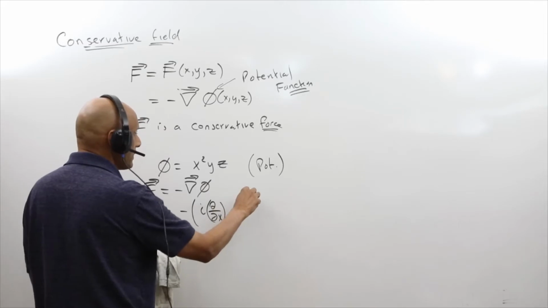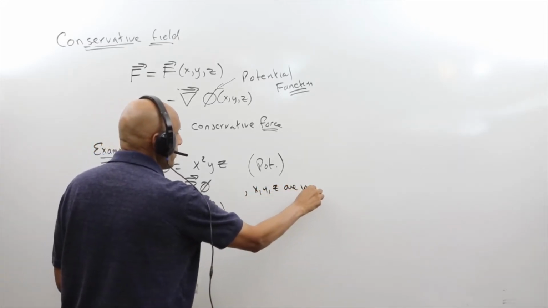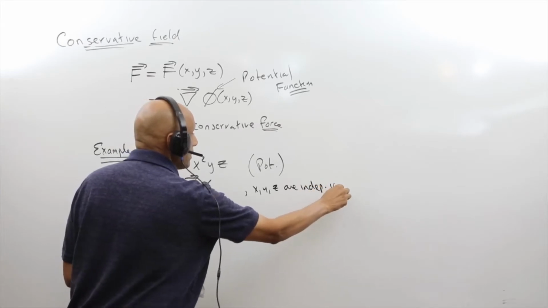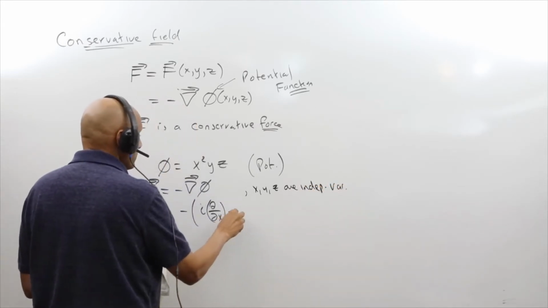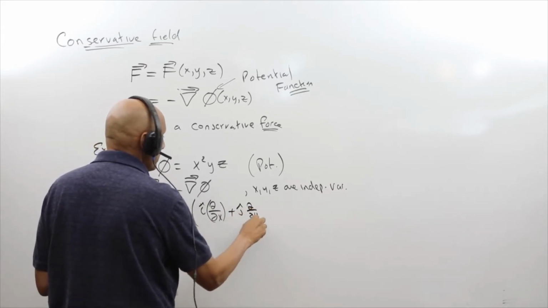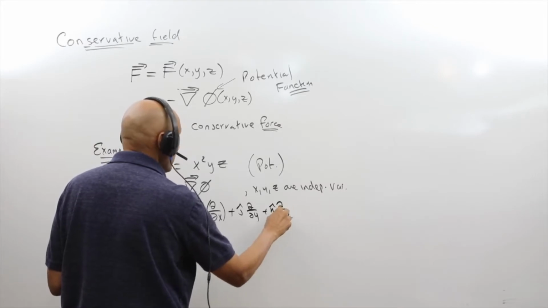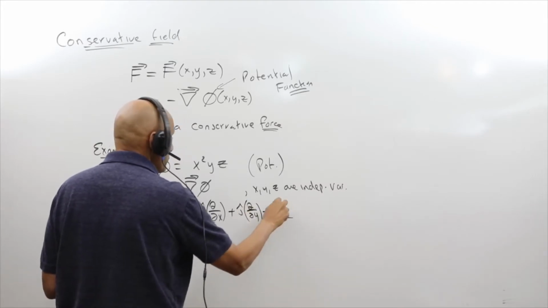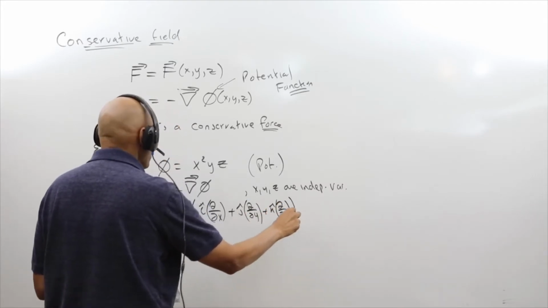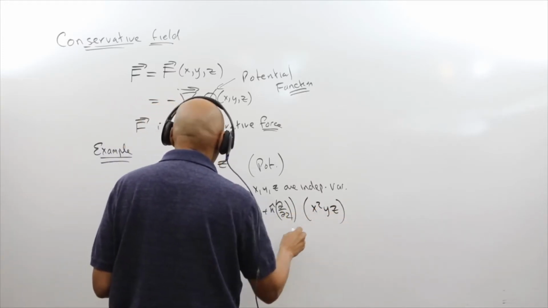So we're just going to say that x, y, and z are independent variables. So here's our operator: i partial of x, j partial of y, plus k partial of z. And these are operators, all acting on phi, which in this case happens to be x squared y z.